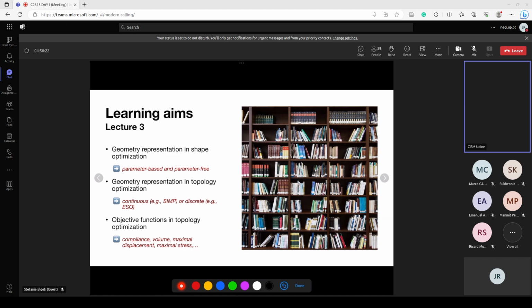Well, thank you very much. I will repeat, there were two questions. I will repeat the first question, about whether it's possible to include constraints on the manufacturability of components. So let me first answer for shape optimization. If we actually have a parameter-based representation, then yes.